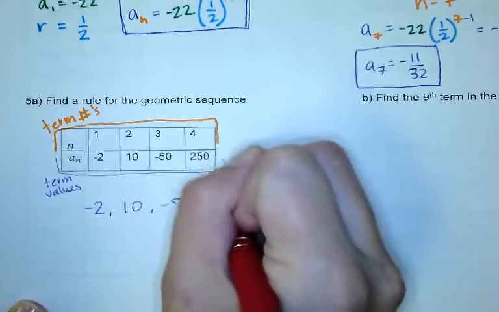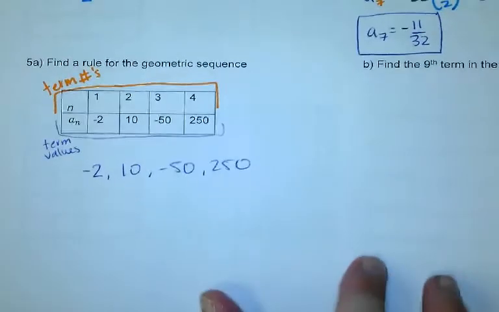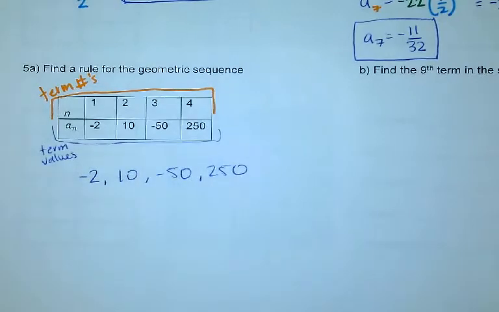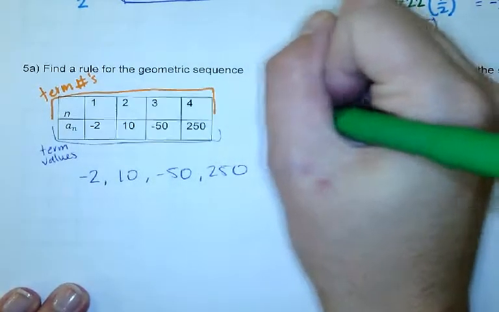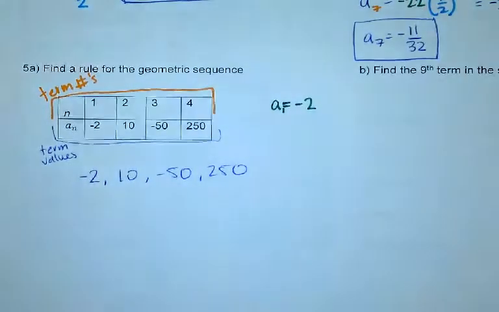So guys, looking at my terms, what is my first term here? So a sub 1 is equal to -2. Excellent. Okay? What is my ratio? What is my common ratio? What am I multiplying by? Ooh, -5.